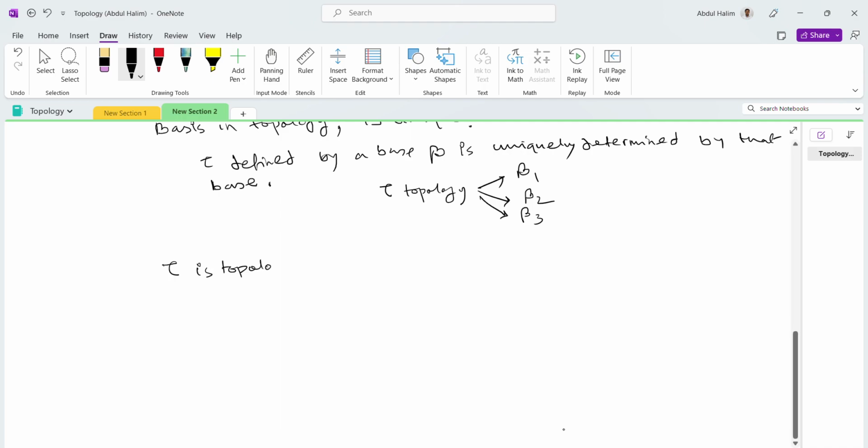The next question: T is a topology, always defined over a non-empty set X. Is a topology on a set X itself a basis on X?